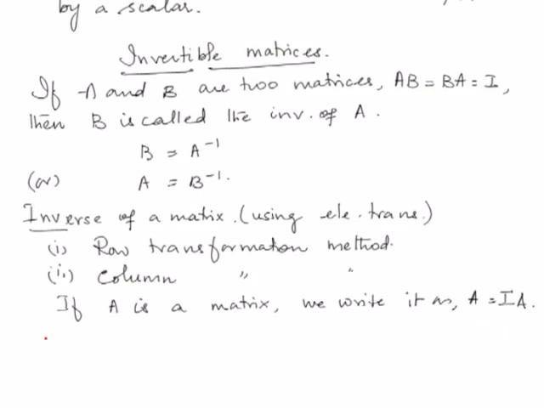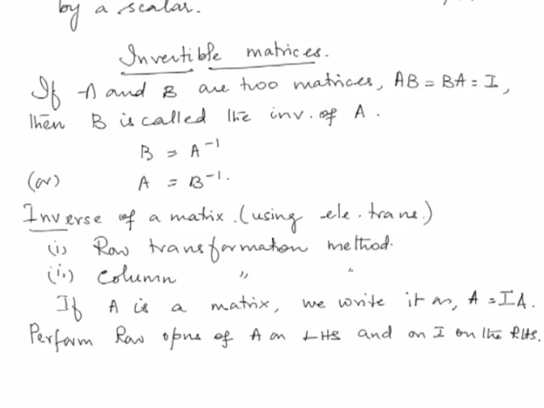Then what shall we do? We shall perform row operations on A on the left hand side and on I on the right hand side. We shall not disturb the A on the right hand side at all.